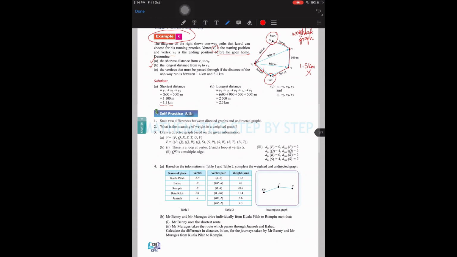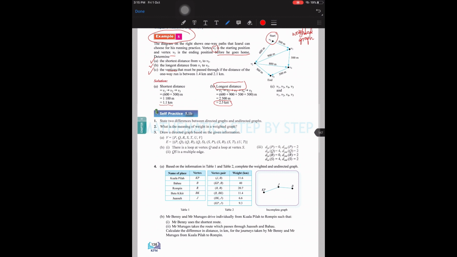Now we want to find the longest distance. Let's see, from V1 to V2, V2 to V3, so 600 plus 900, then to V4, then to V5. Then plus 500, 500, so we get 2.5 km. This is the longest distance. Then part C, the vertices that must be passed through if the distance of the one-way run is between 1.5 km and 2.1 km.